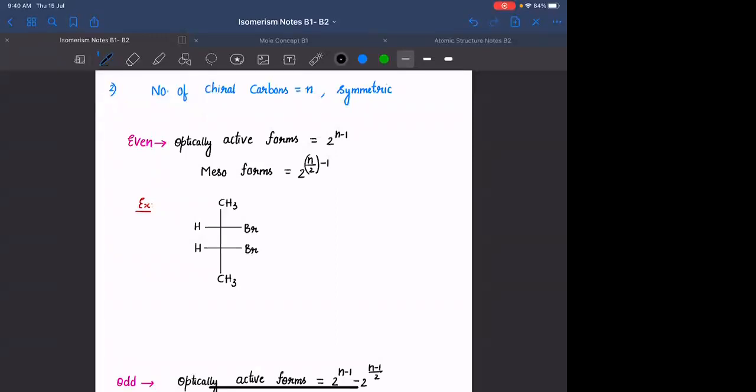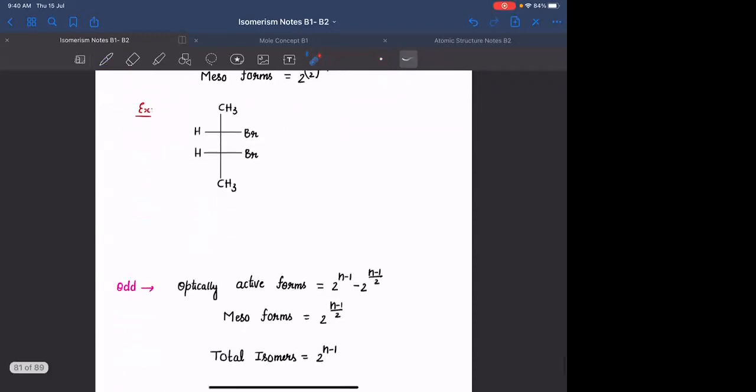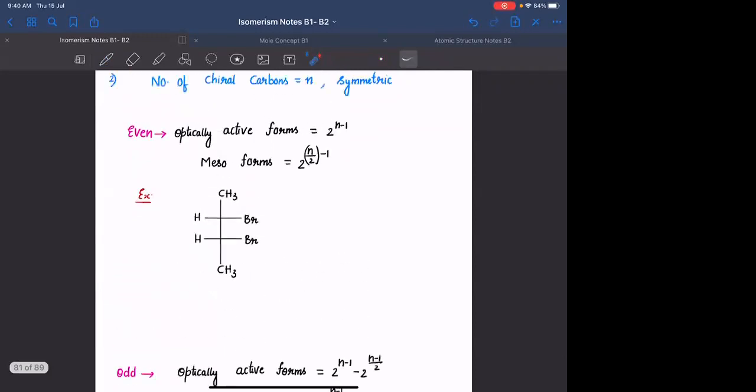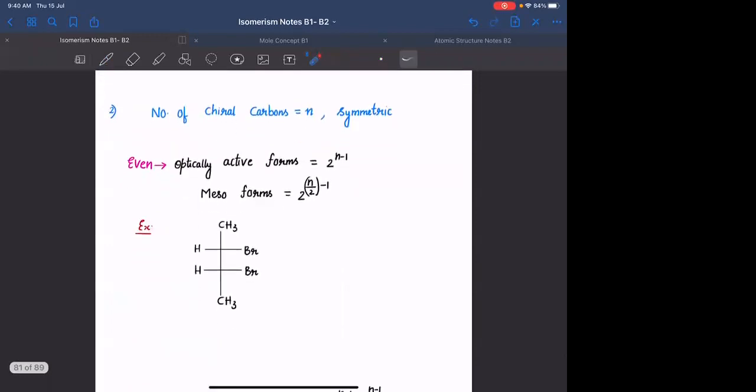That is due to the presence of a plane of symmetry. You will be asked separately the number of optically active forms and the number of optically inactive forms, which are nothing but meso forms. In that case, you have two different formulas: one if the number of chiral carbons is even, and one if the number of chiral carbons is odd. The molecule is symmetrical.